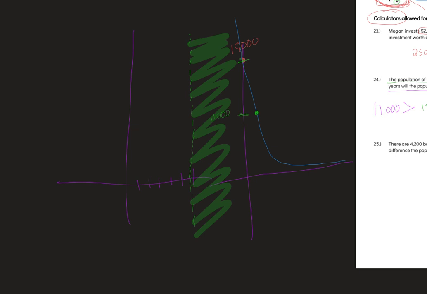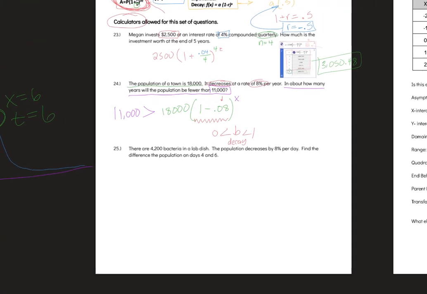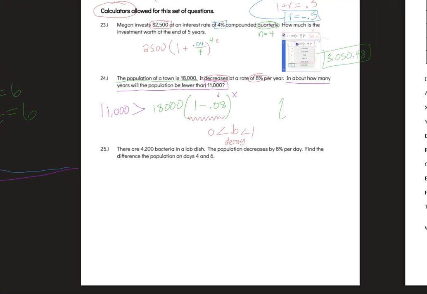So you have to know what you're looking at to go, oh, at about x equals 6, or in our case, about when t equals 6, is when the population will be fewer than 11,000 people. So t is roughly 6, okay?